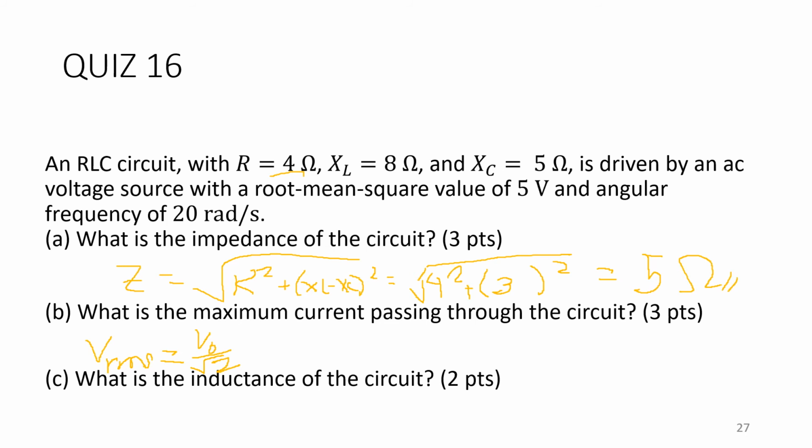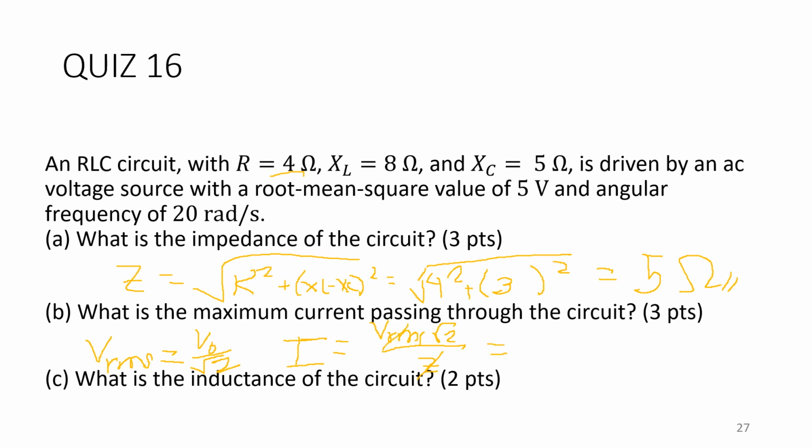And then the current should just be equal to I is equal to VRMS, this is your V0, multiplied by square root of 2. Then you're going to divide it by Z. And the convenient thing here is your Z is 5, your VRMS is also 5.